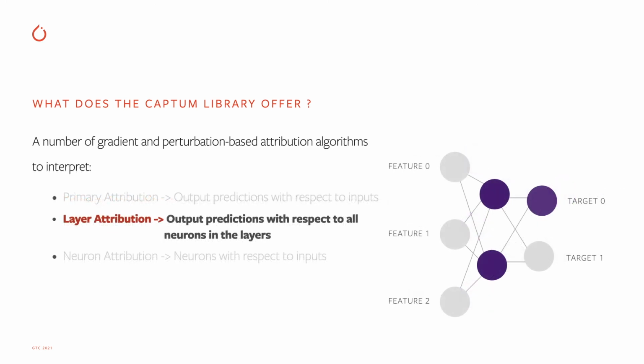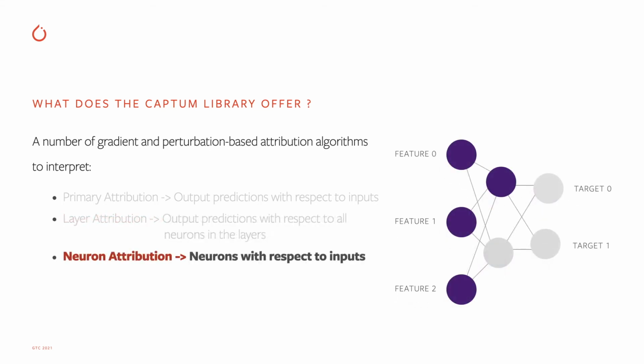The second category of the attribution algorithms, also known as layer attribution algorithms, allows us to attribute an output prediction to all neurons in an internal layer. These approaches oftentimes represent slight variations of the feature importance or primary attribution algorithms and are applied to an internal layer of the model instead of the inputs of the model.